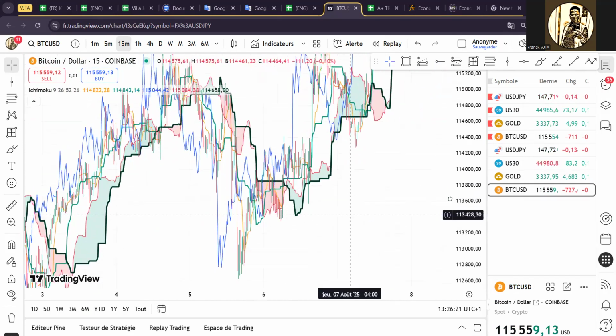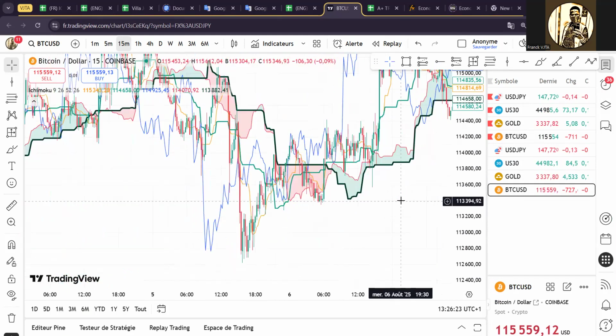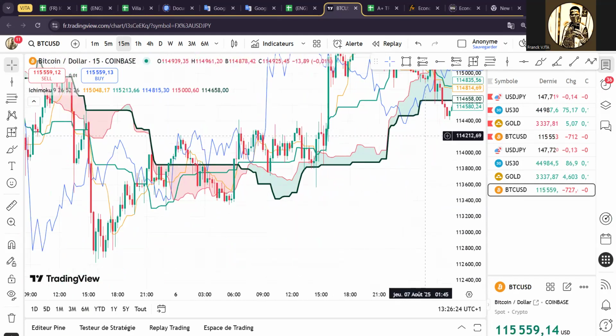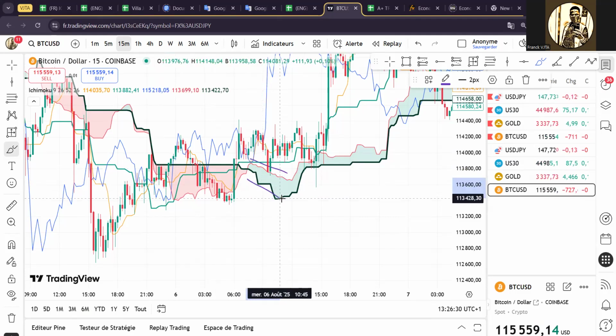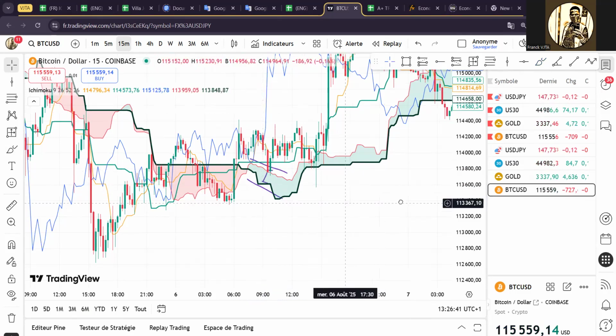Here's one example on Bitcoin. This is not perfectly horizontal, but it is almost parallel between SSA and SSB. And it is not large. The space between them is not large.